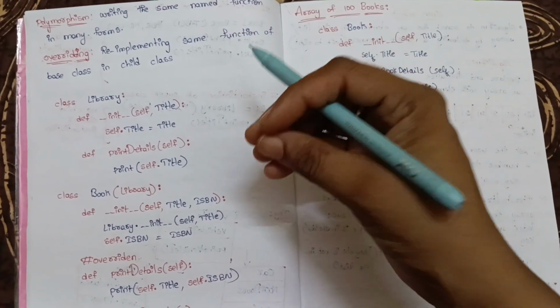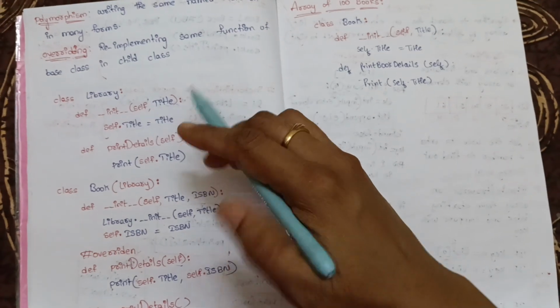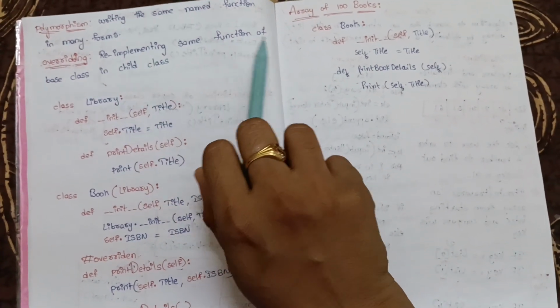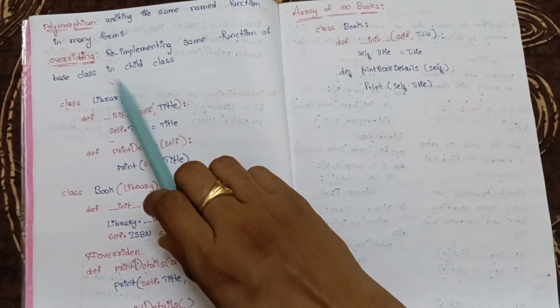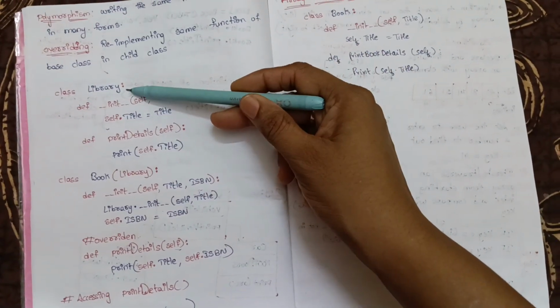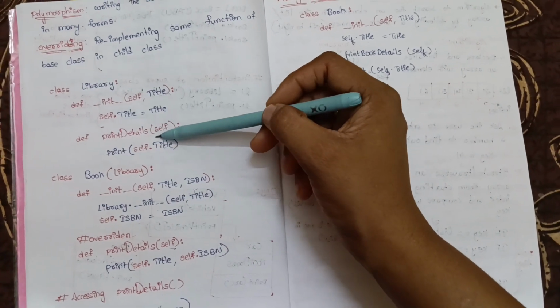And how can we relate polymorphism in our OOP concept? Through overriding, meaning re-implementing the same function of the base class, the superclass, in the child class. Suppose this parent class, Library, has one function, print details.